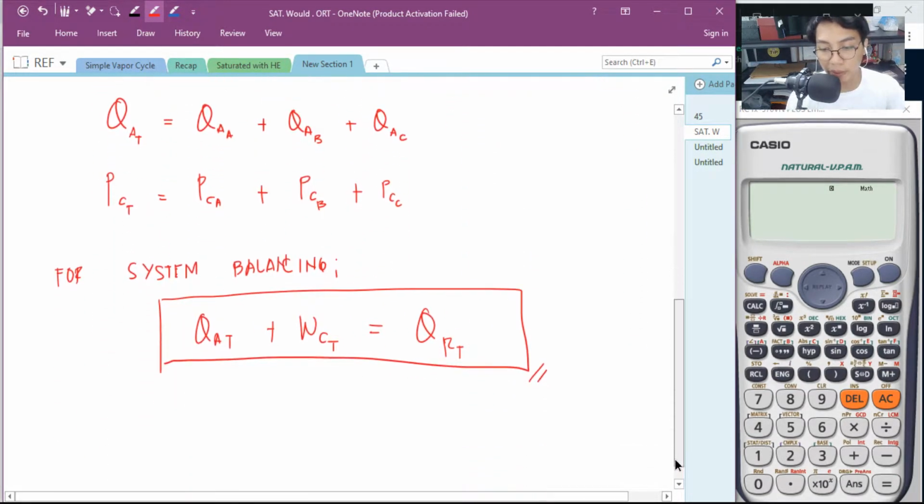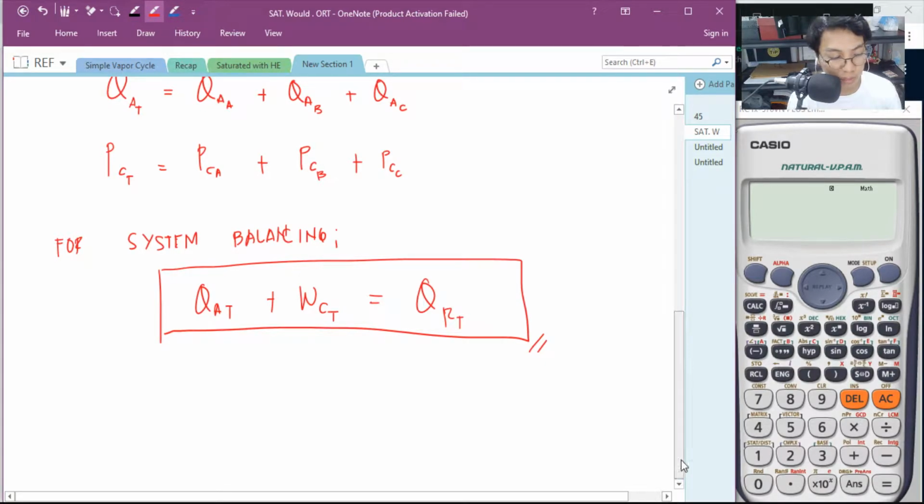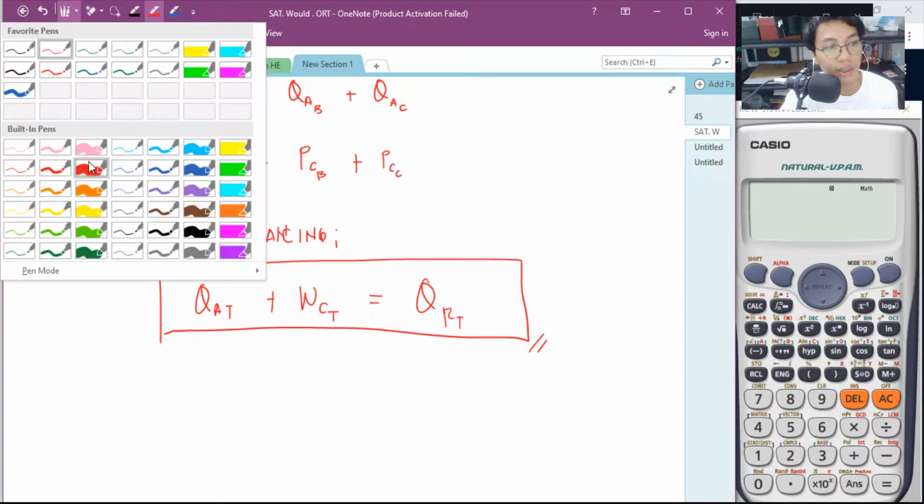What better way for us to understand it is to make a pH diagram. Okay, let me make a pH diagram. Baguhin natin yung ating pen.